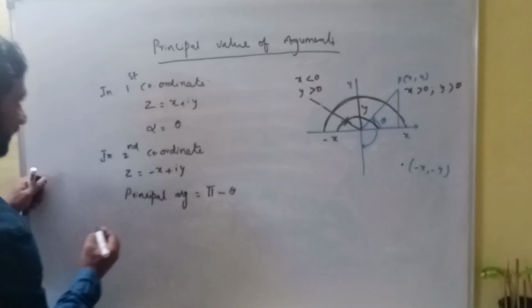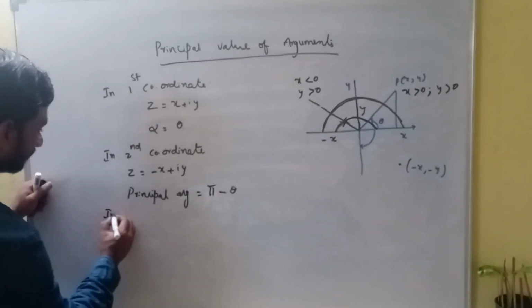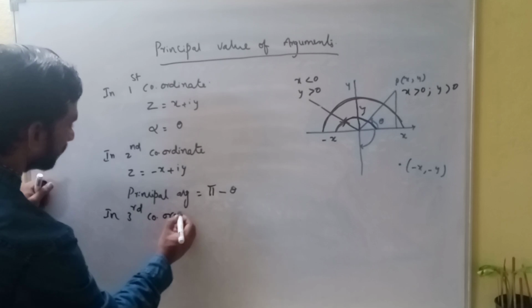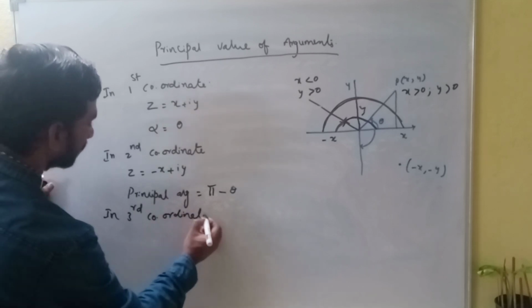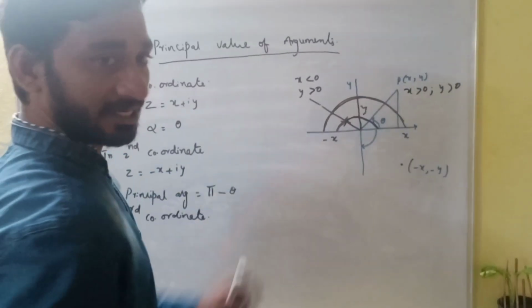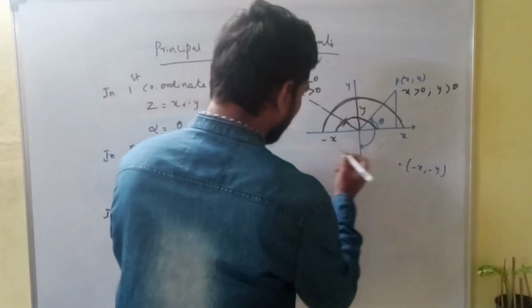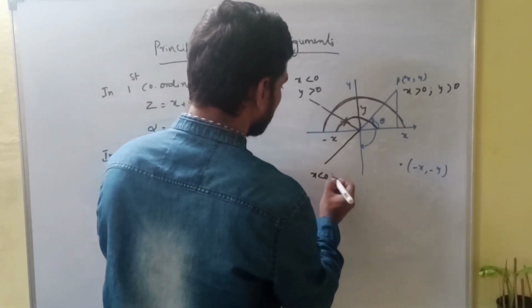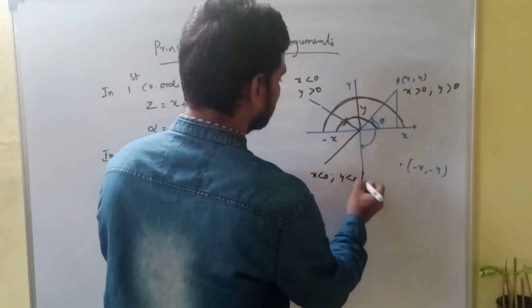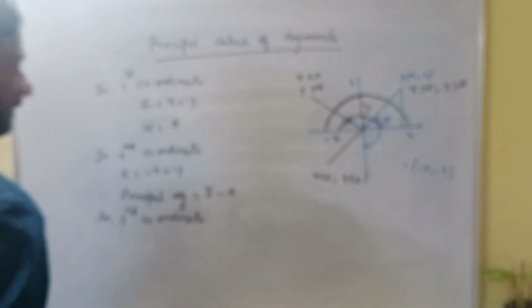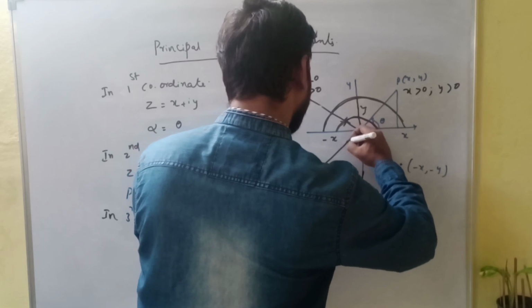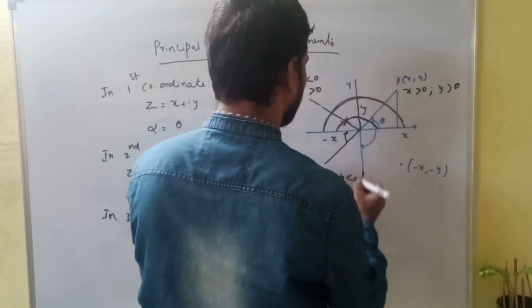Now let's go to the third quadrant. In the third quadrant, what will you get? You will get x less than 0 and y less than 0. Here you have to calculate from the negative x-axis to this one, right?